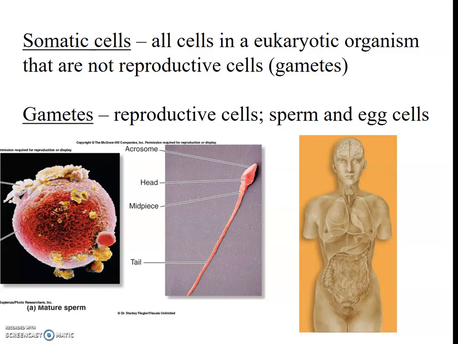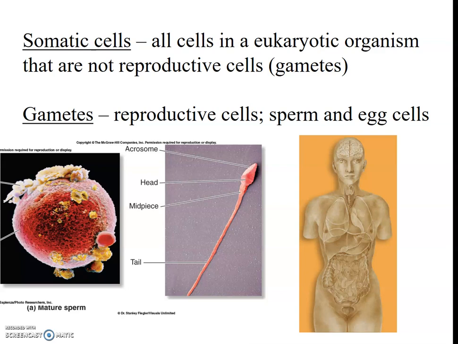And in that discussion, it's important for us to differentiate between two main classes of cells. We either have the somatic cells, which are all the cells that comprise your body, with the exception of your reproductive cells. The reproductive cells are your gametes or your sex cells, and that would be egg and sperm.